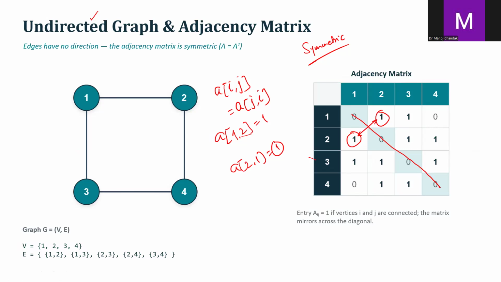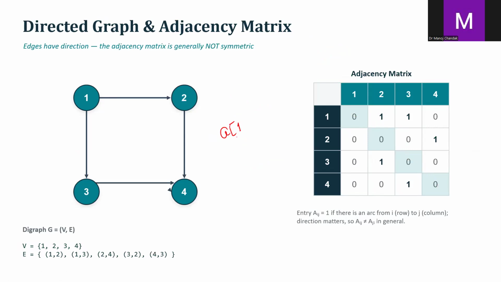Similarly, if I go further and check the directed graph, then I have A of 1 comma 2 equal to 1. That is, there is an edge from 1 to 2, but there is no edge from 2 to 1. That is 0. So mostly it is not a symmetric matrix. It is a matrix which has entries that are different below the main diagonal and above the main diagonal.